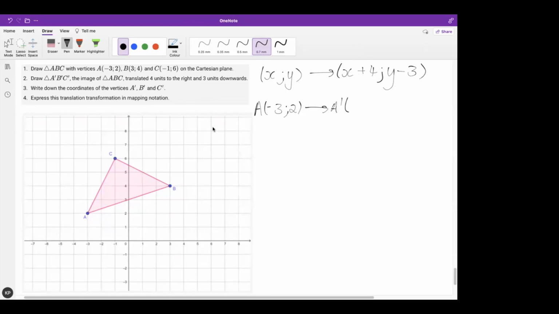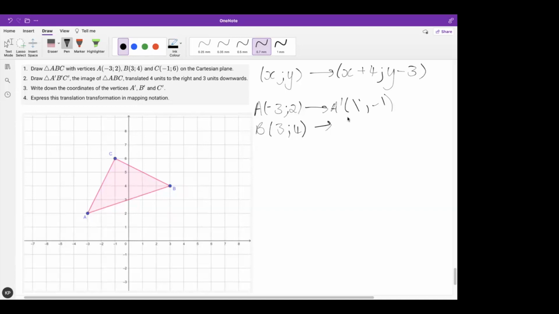And 2 minus 3. Okay, we said properly. So we have a 1. And 2 minus 3 is -1. So those are the first points. Now let's do B and B prime. B is, what are my coordinates for B? Oh, we've been given, it's 3 and 4.